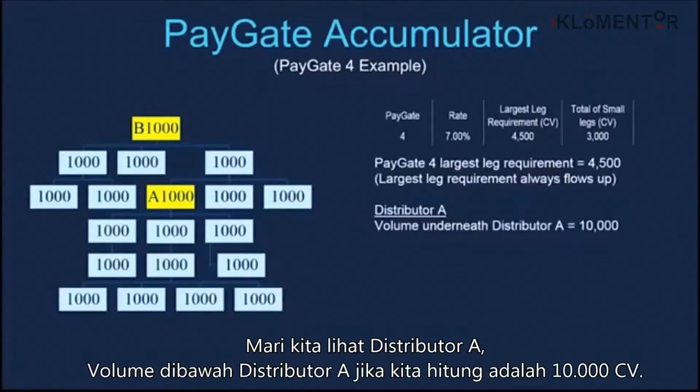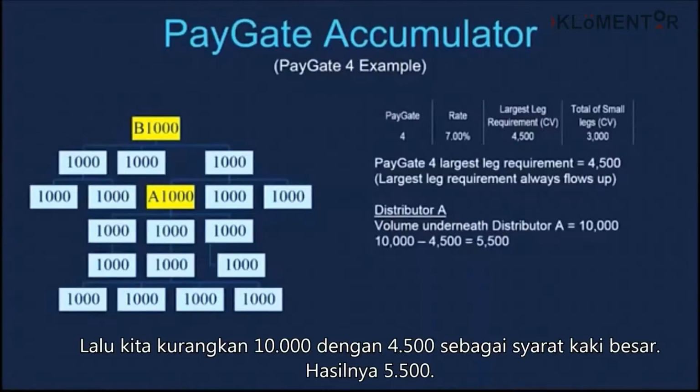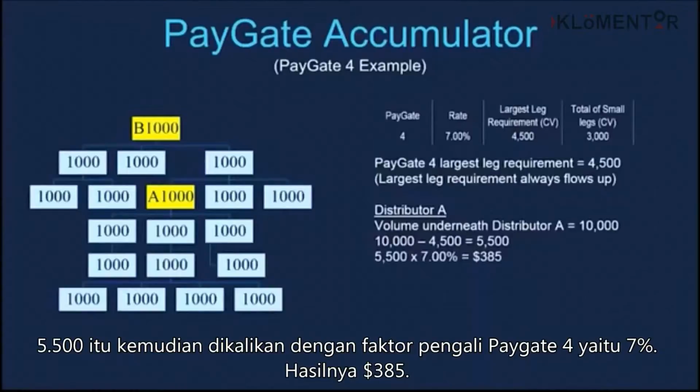So let's look at Distributor A. If we count up the volume beneath Distributor A, there are 10 distributors, each with 1,000 CV, so there's 10,000 in volume underneath Distributor A. Again, we take the 10,000 and subtract the largest leg requirement that is going to flow up, which is 4,500, and we are left with 5,500. It's that 5,500 that we then multiply by the Paygate 4 rate percentage of 7%, which gives us $385.